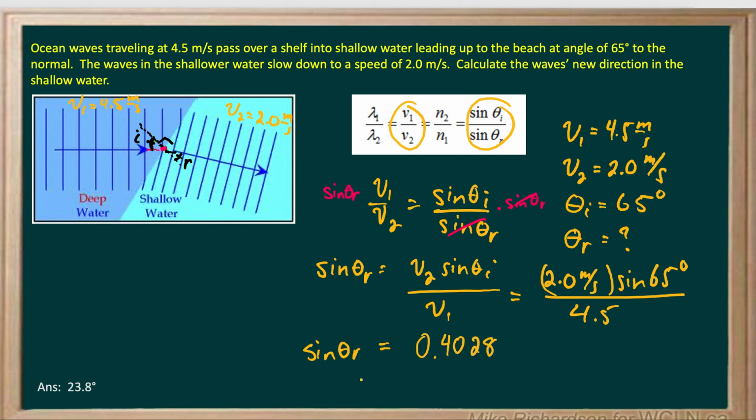Leave a few decimal places. So theta r will be sine inverse of that. So second function sine, and I get 23.75, or 23.8 degrees. Remember, that's this little angle with respect to the normal.